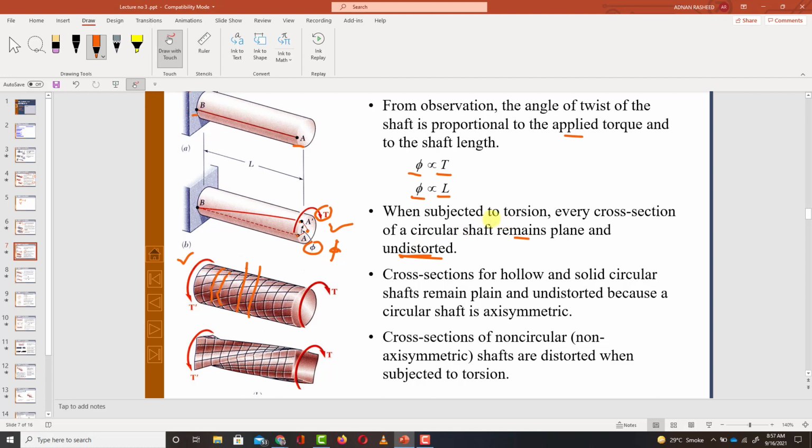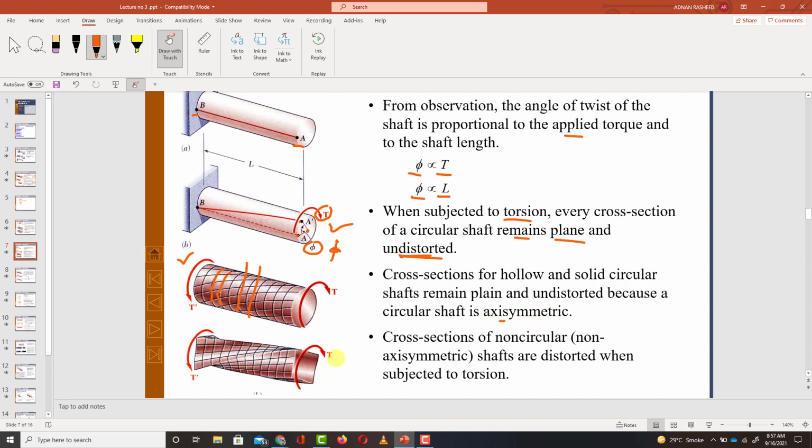Clear? So a shaft that is subjected to torsion will remain plain and undistorted. The cross section of our hollow and circular shaft remains plain and undistorted because a circular shaft is axisymmetric.